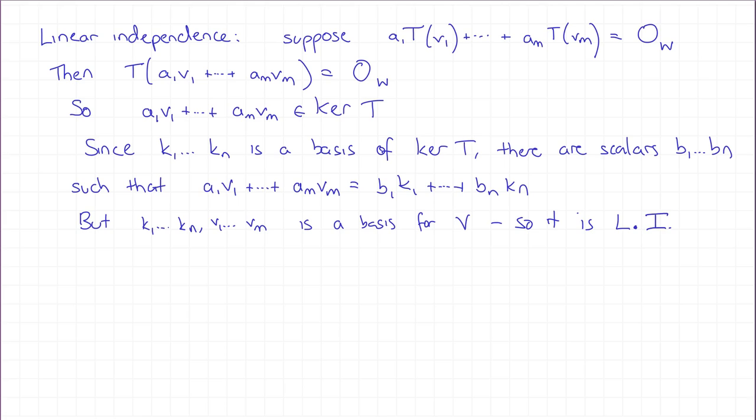If it's linearly independent, then all of the scalars in this linear combination must be 0. Alright, well, forget about the b's. We've shown that all of the a's must be equal to 0. And that proves that T of v1 up to T of vm is linearly independent.